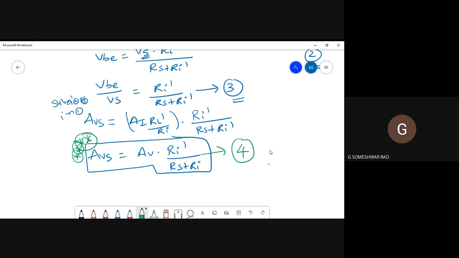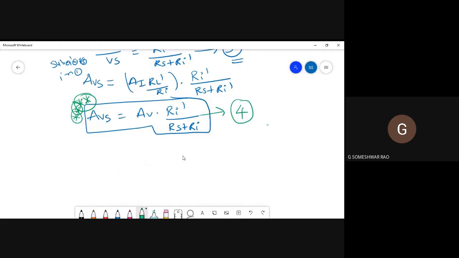Now, which parameter is it? I hope the 7th parameter that we have derived so far. Yes, sir. Now put a subheading: 7th parameter. The 8th parameter is the overall current gain. Overall current gain, A_IS, a suffix IS.